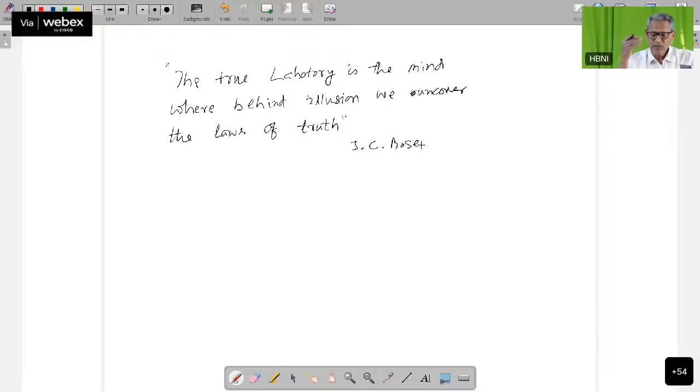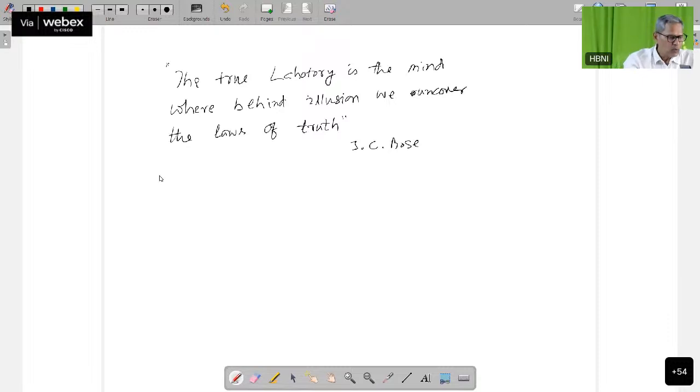True laboratory is the mind, you have to do everything. Where behind illusion, we uncover the laws of the truth. So it's a very important quote. What we all discussed can be summarized here.